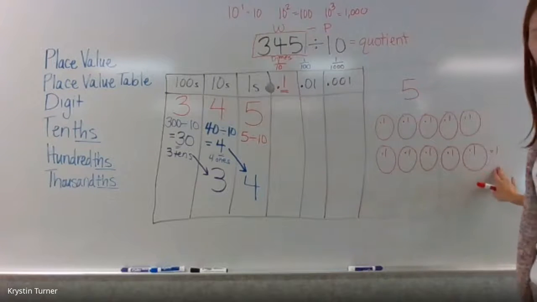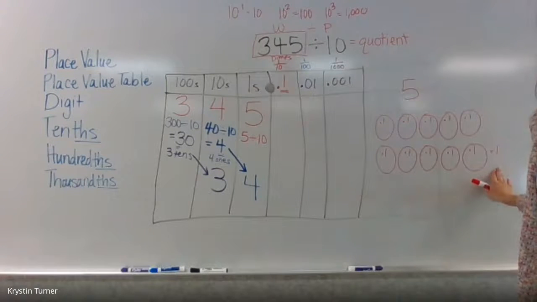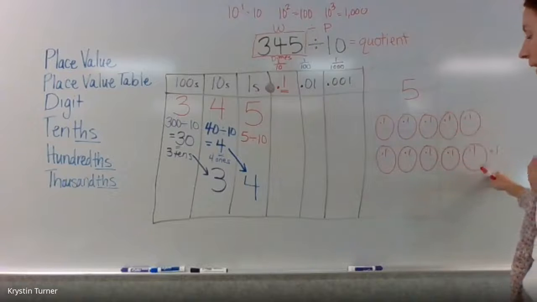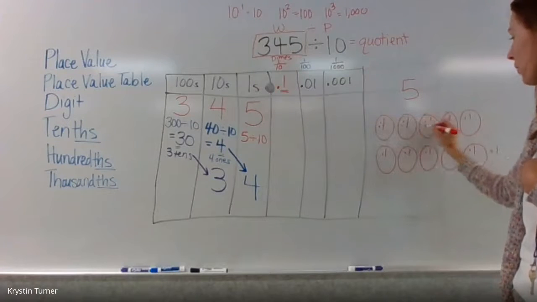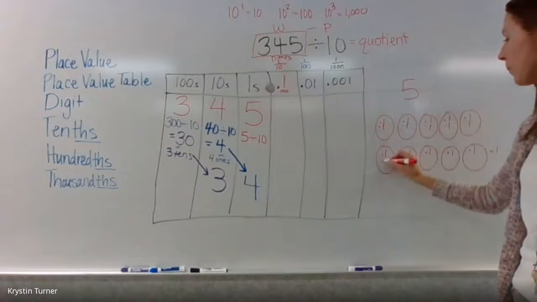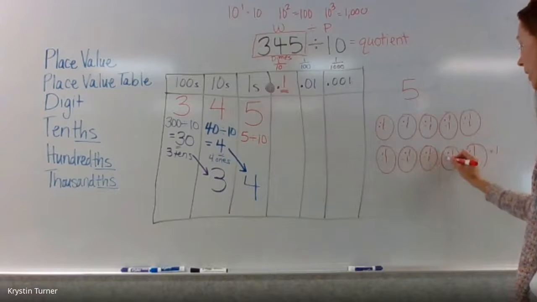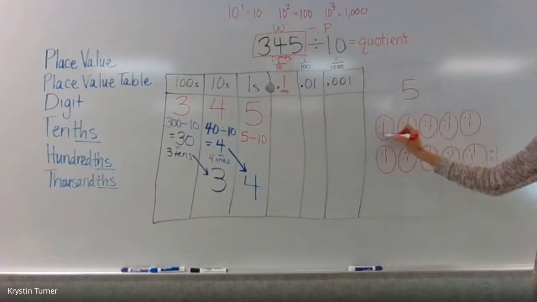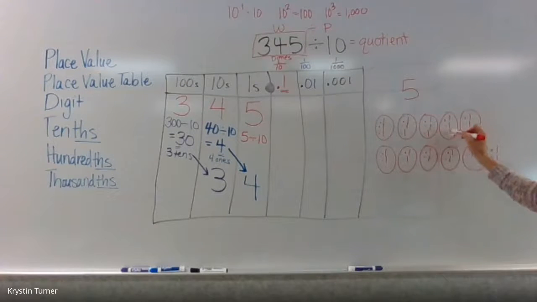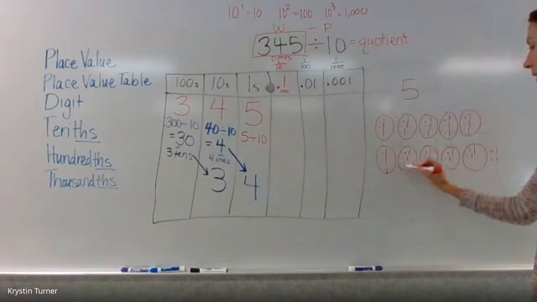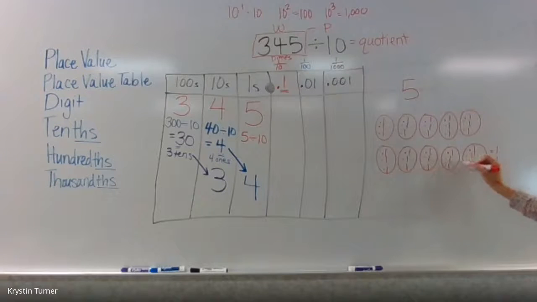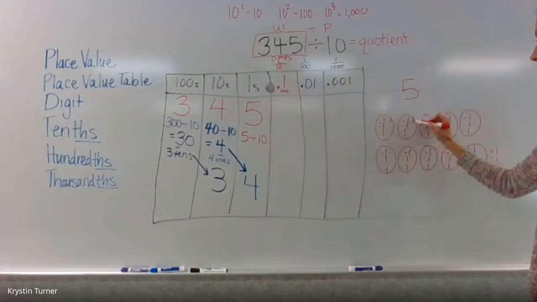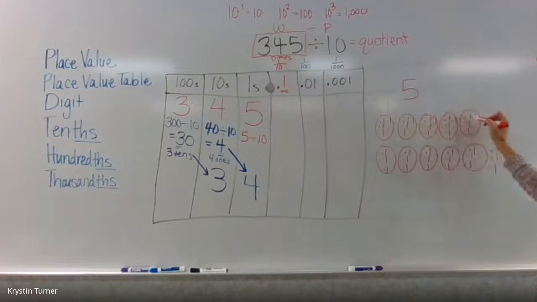So that kind of gives me an idea that I could probably keep doing that until I get up to 5. So I'm going to put 1 more 10th into each group, and then that would be another whole or 2 altogether. And then I'm going to put in another 10th, and then I will have 3 wholes, and I'm going to put in another 10th into each group.